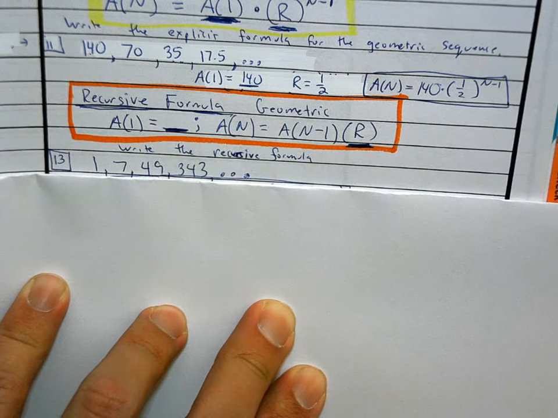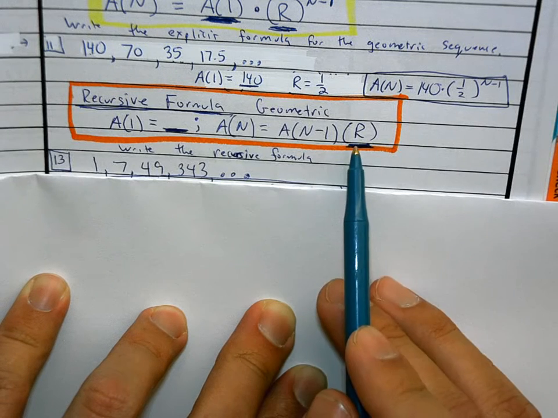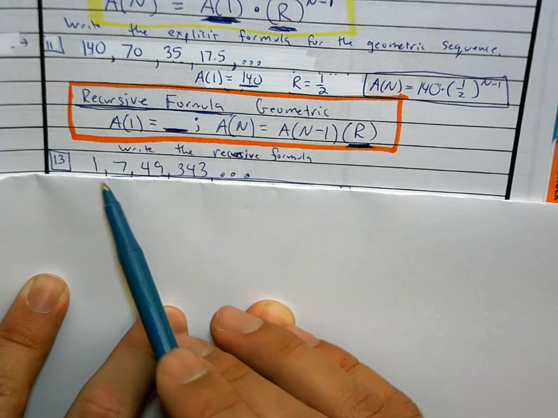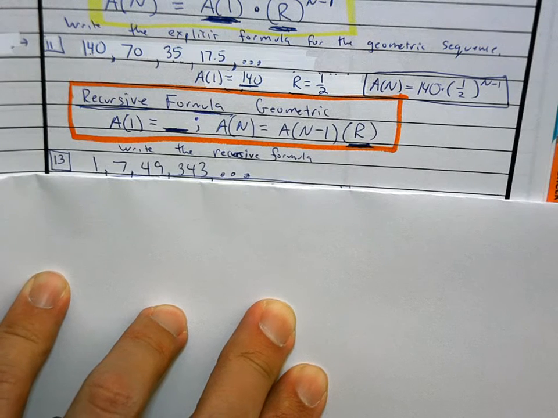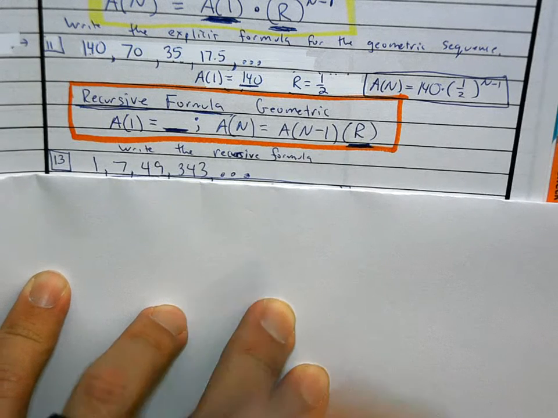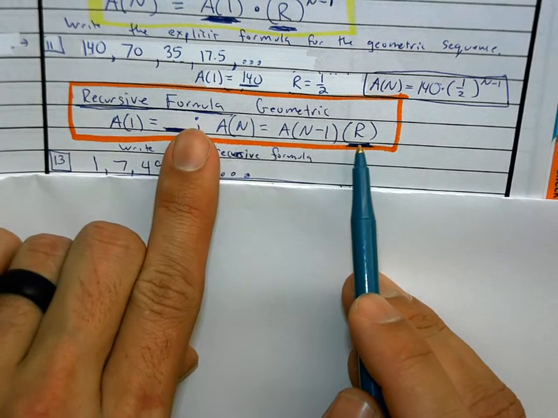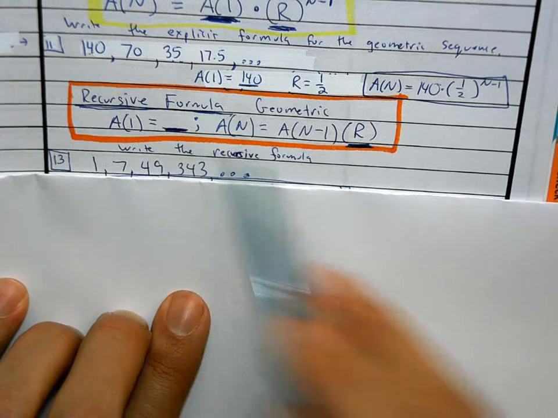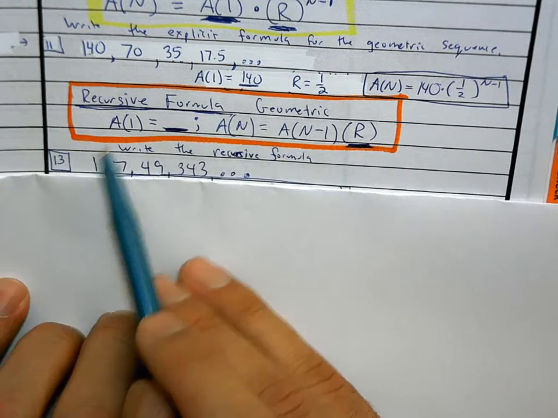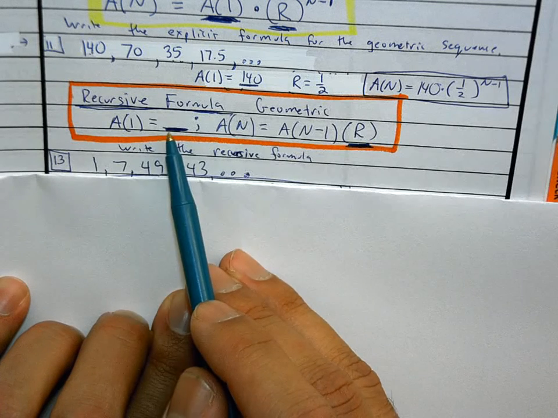Now, what is R? What are you multiplying by to go from this number to the next number to the next number? Good. You know your 2 pieces of information for your recursive formula. You write everything the same except where it's underlined. You're going to write A of 1 equals what number?